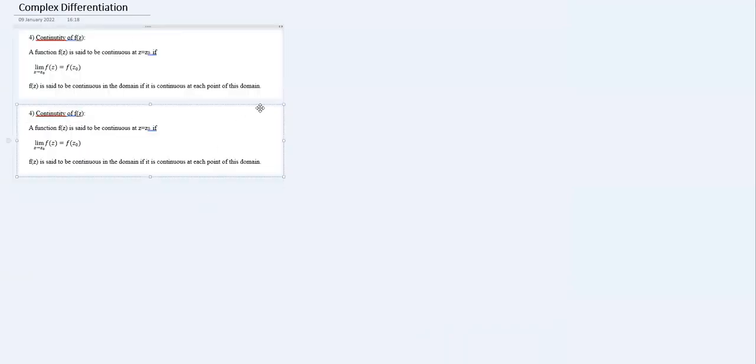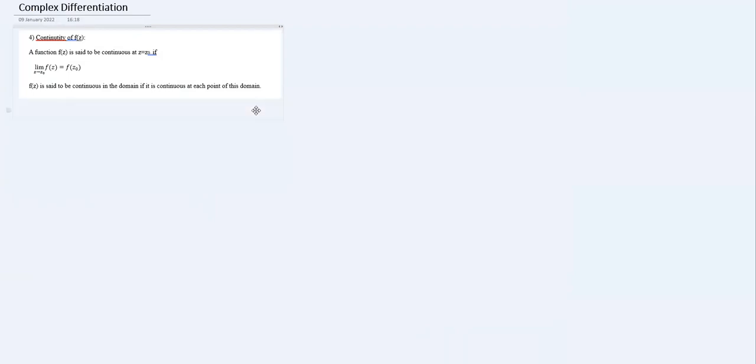Very simple definition, like what we have done in real functions.